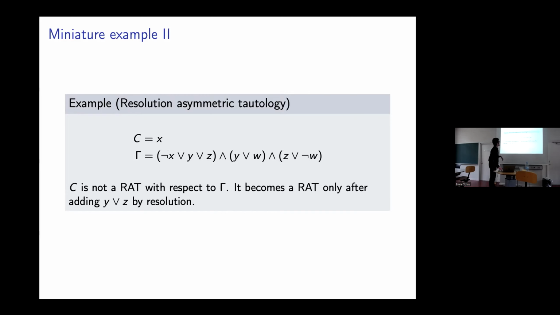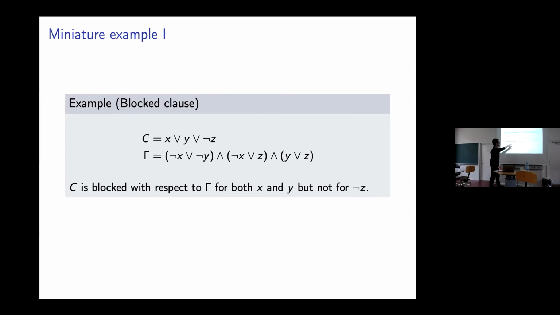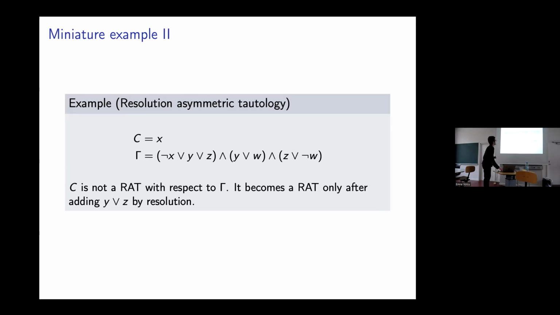Okay, and I also forgot: here you could use deletion to make this clause blocked or not. For instance, this was the offending clause, so you can just get rid of this and then add this and then continue. Okay, this is how those systems work more or less.